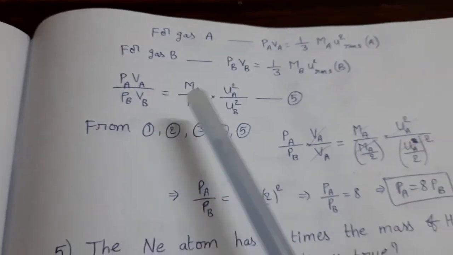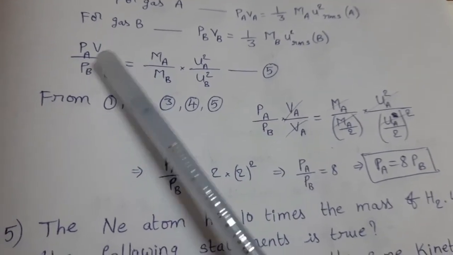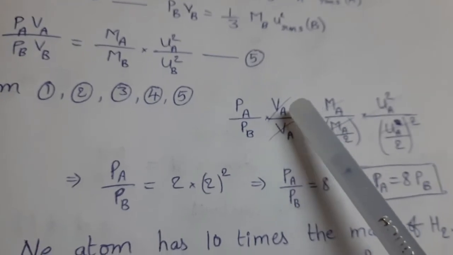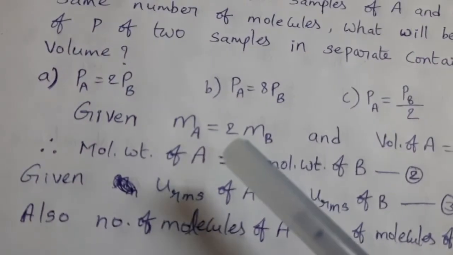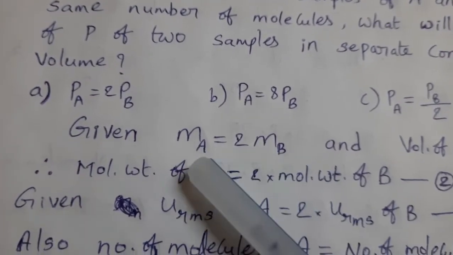From this we can write PA by PB into VA by VB. Here volume is the same for these two substances. So this equals MA by MB, mass of molecule A and B. What is the relation? MB equal to MA divided by 2.